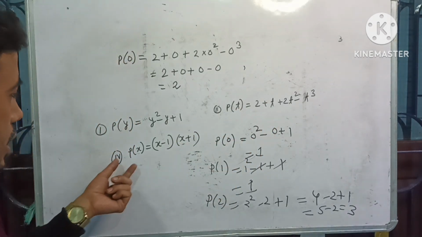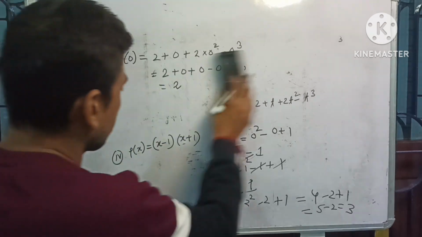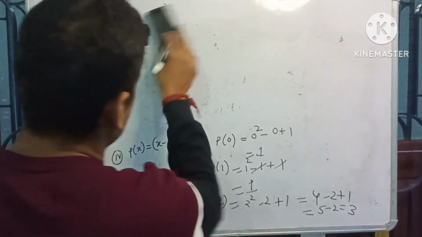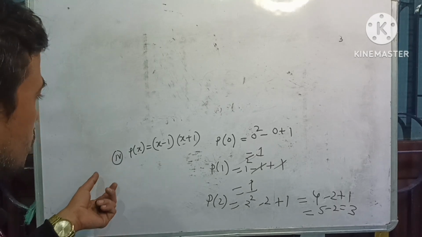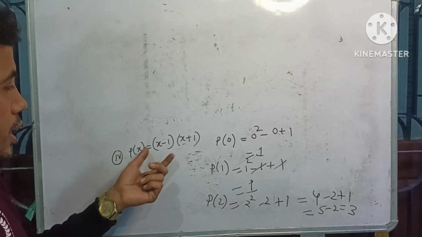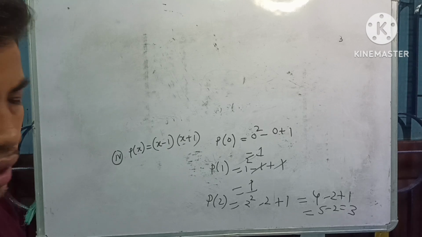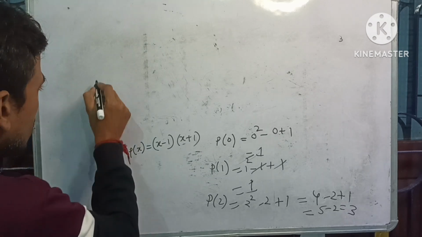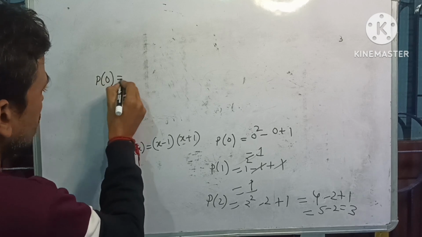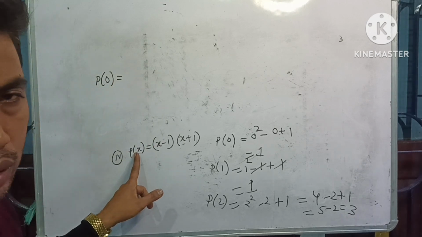Okay? Now I discuss the example 4. So in example 4, what is given? Px is equal to x minus 1 into x plus 1. We need P0, P1 and P2. Okay? Now we need P0. In place of x, we put here 0.